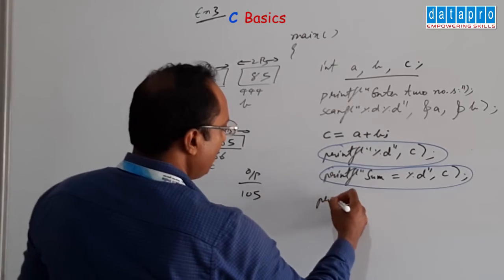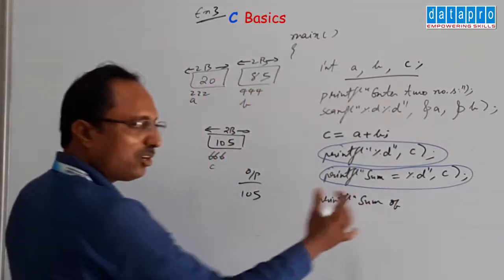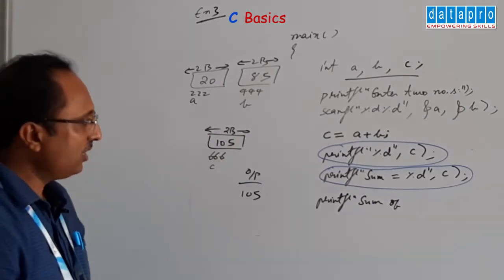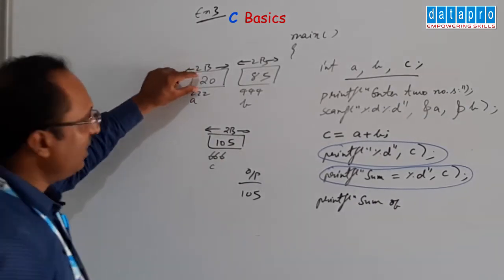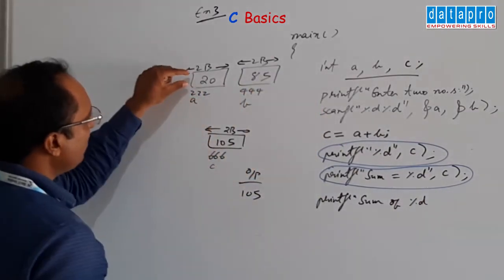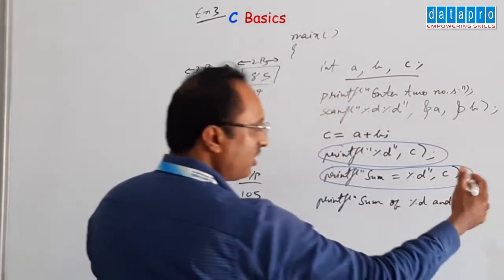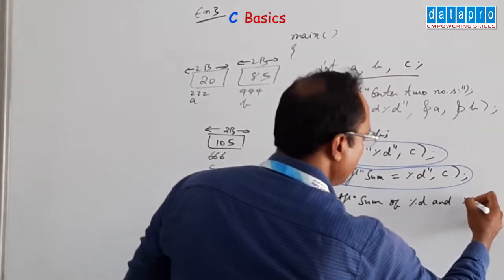So then we have to say printf sum of, these are all constants. And then sum of whatever is there in here, so we have to replace with format specifier. Sum of whatever value is there in A, and again whatever value is there in B, %d.